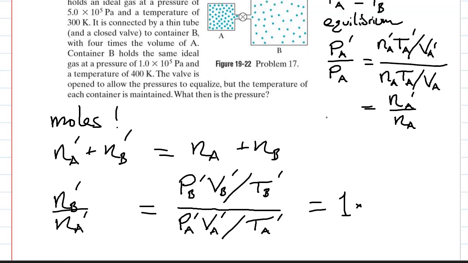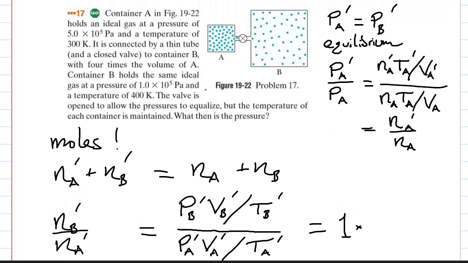Well, the volumes, I know, it tells me container B has 4 times the volume of A. So I get a number 4 from VB over VA. Finally, this temperature ratio comes out to be TA prime over TB prime when I simplify the fraction.